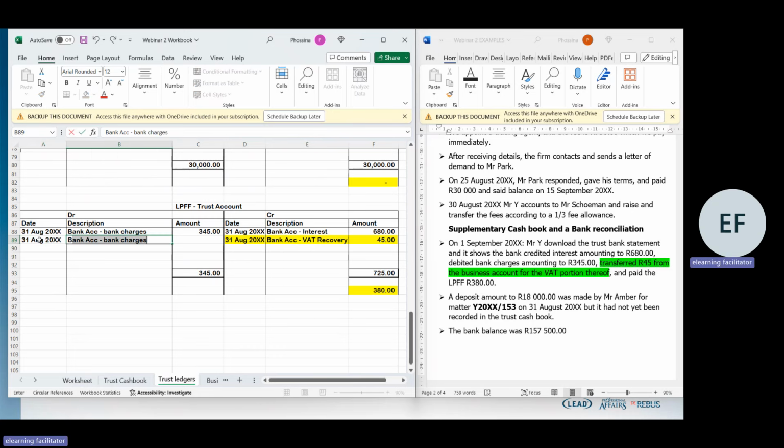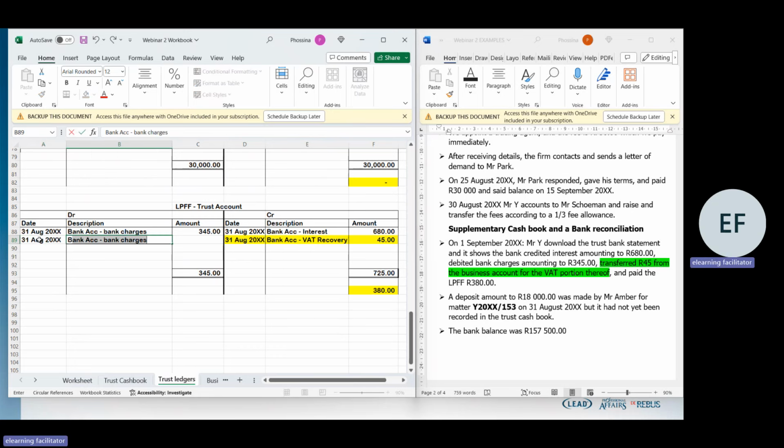Okay, so if we are to balance off, so closing balance. So we haven't done anything. It's going to move to September. When we start, it's there.